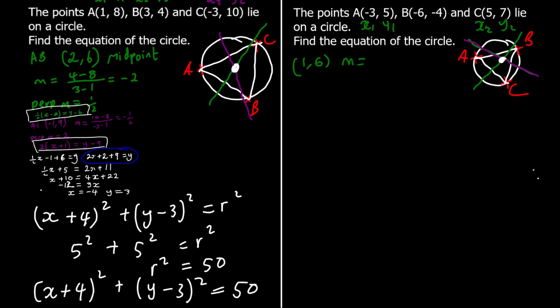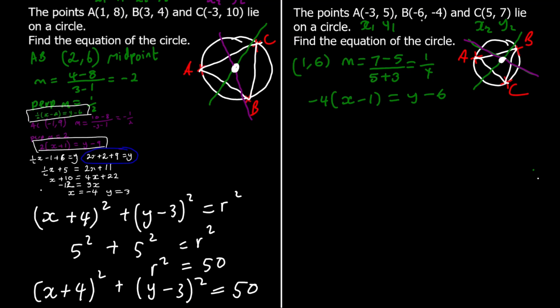So y2 minus y1 over x2 minus x1, which is 2/8 or 1/4. So the perpendicular gradient will be -4. So it's -4 times x minus x1 equals y minus y1. And that's the equation of the perpendicular bisector of AC.